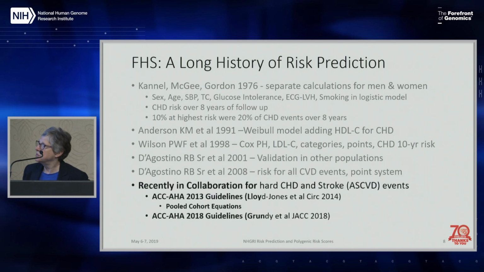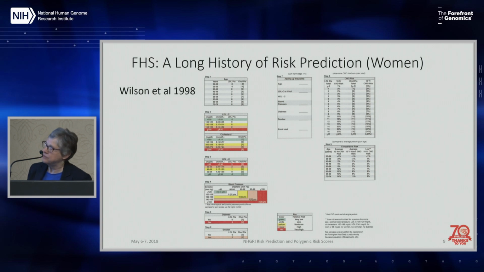And then recently, I'm sure many of you are aware of the collaboration for development of risk prediction by the ACC and AHA. Came out in the 2013 guidelines initially, and more recently expanded in the 2018 papers. They were looking at hard CHD and stroke events, which they called atherosclerotic CVD.